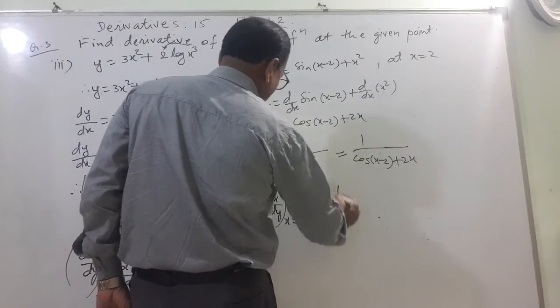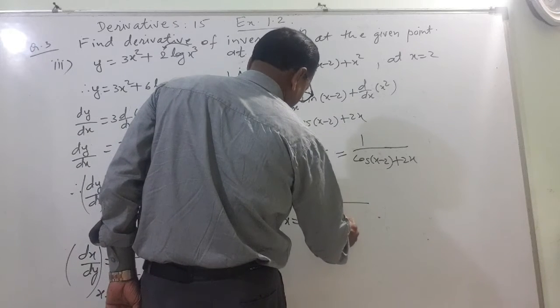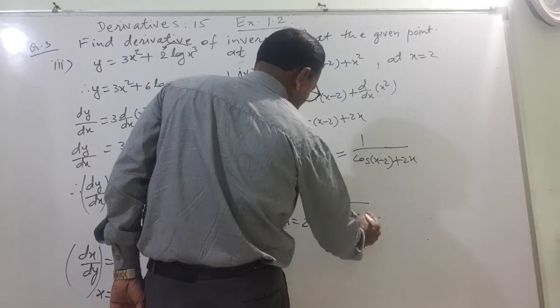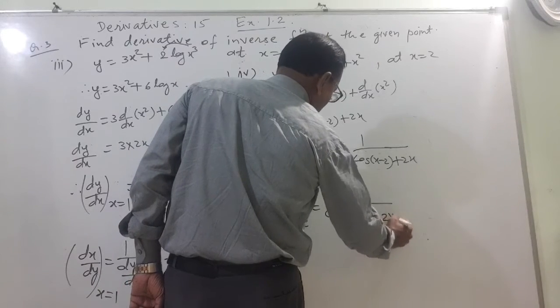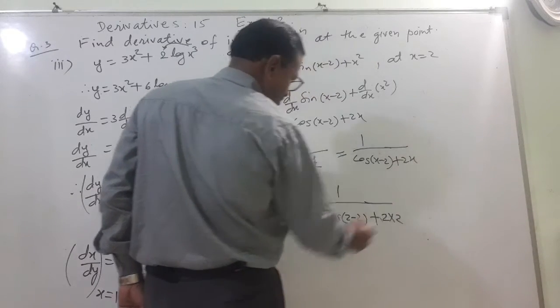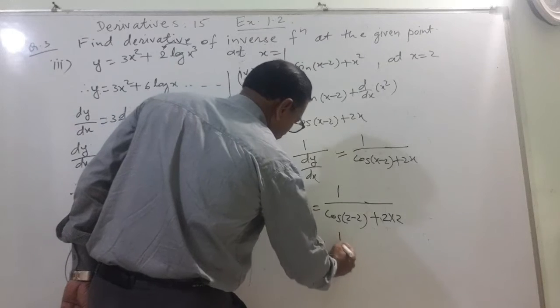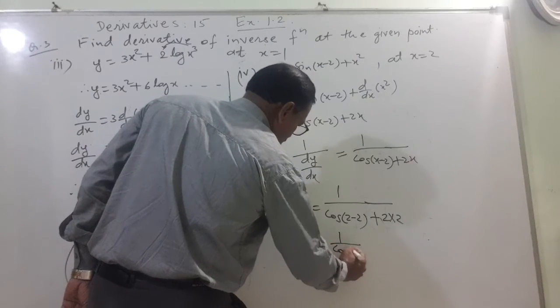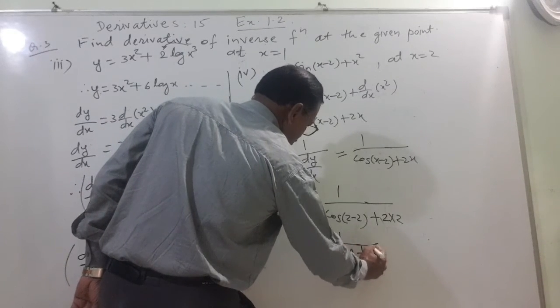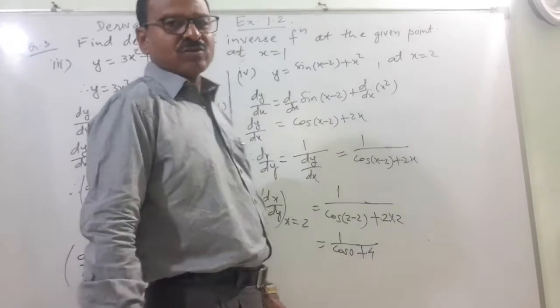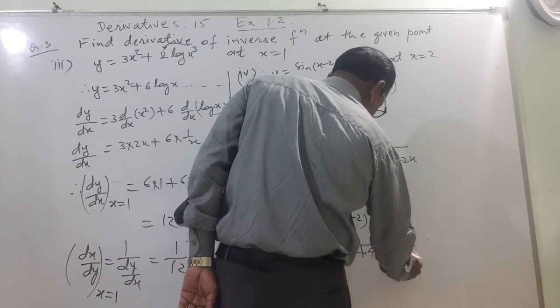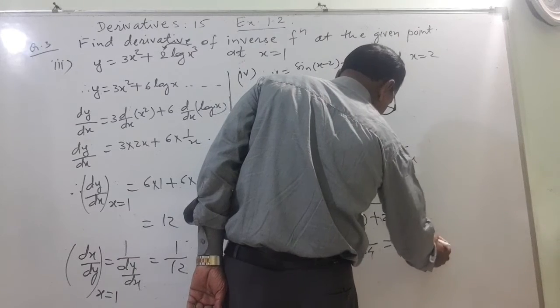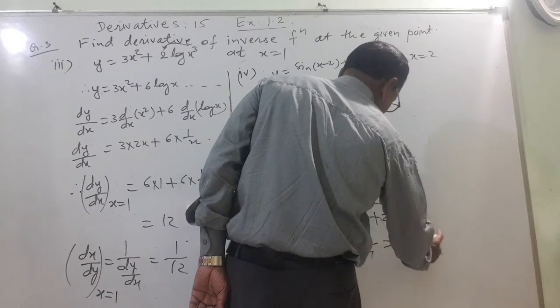That is equal to 1 upon cos of 2 minus 2 plus 2 into 2. Put x is equal to 2. That is equal to 1 upon cos of 0 plus 4, and cos of 0 is 1. So 1 upon 1 plus 4, and the answer is 1 upon 5.